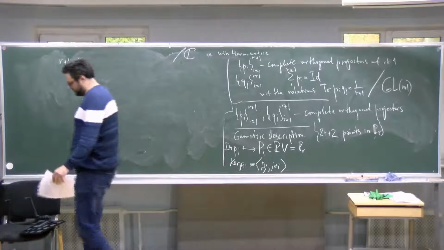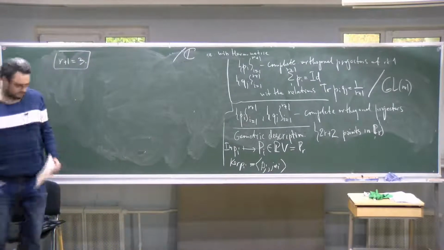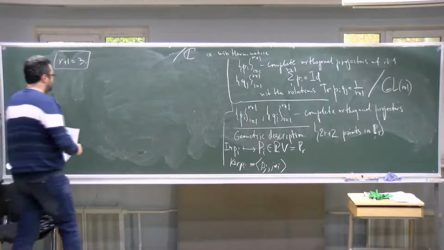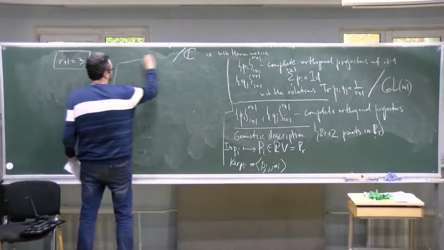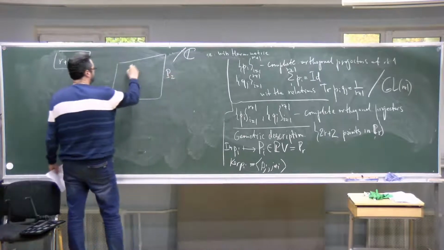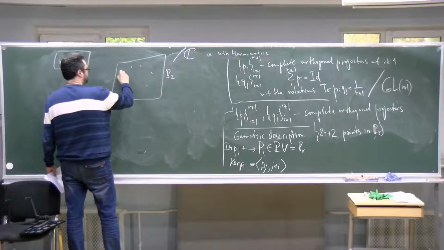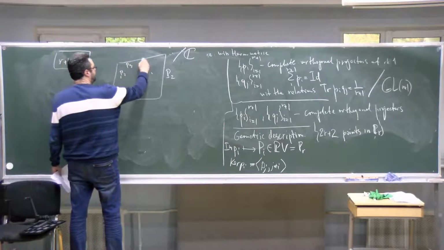So consider the simple case, R plus 1 is 3. In this case, we have 6 points in the projective plane.